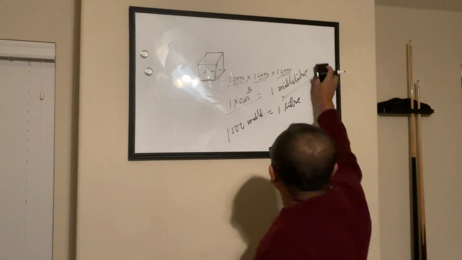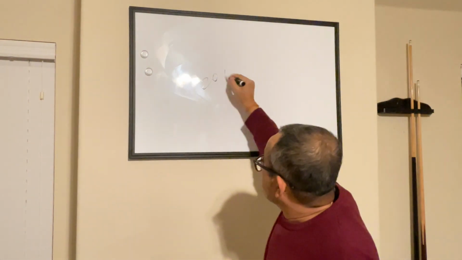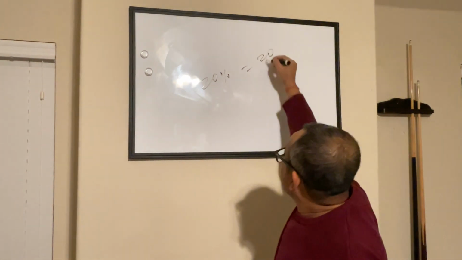Then comes percentages. I think percentages you know. Percentage means per 100. Simple. 20% is 20 by 100.